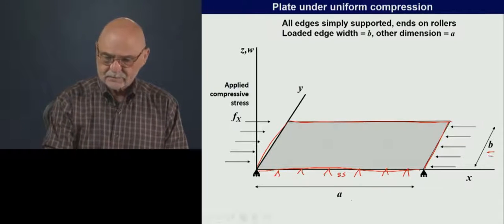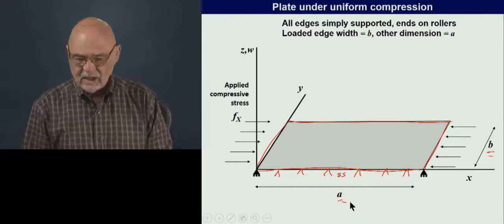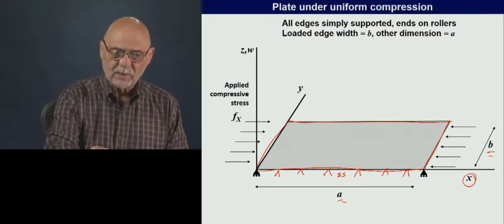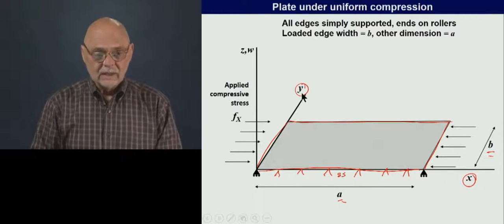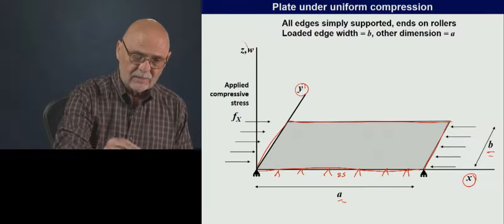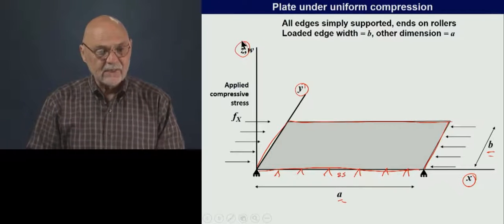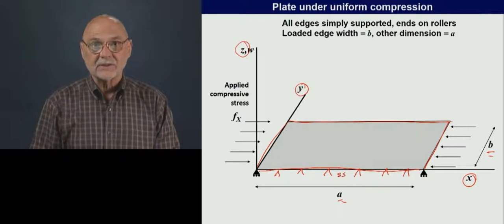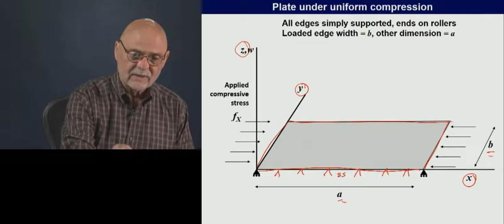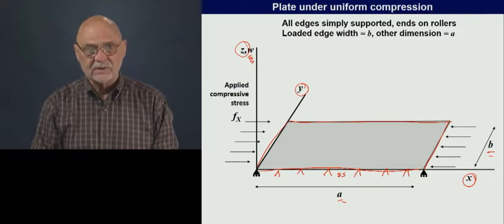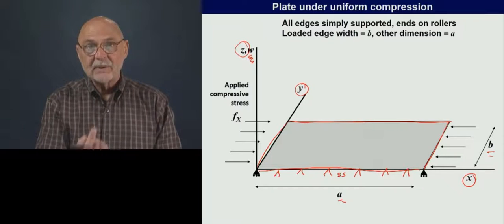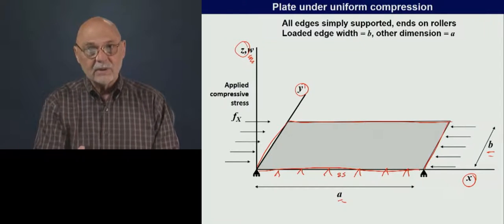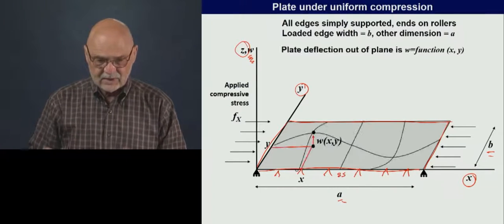Here we're showing the dimensions of the plate. We're putting the plate in the XY plane, and the axis perpendicular to that is the z-axis, and it's also the deflection out of plane. So W is how much the plate moves up and down into this rippled shape.